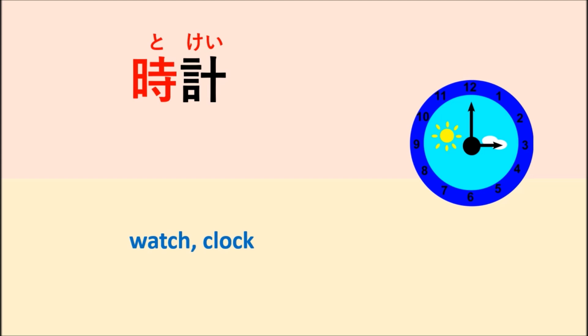So when you put the kanji of time and the kanji of calculation together, it means watch or clock. この時計はいくらですか？Which means how much is this clock, or how much is this watch? その時計は1万円です。That means that clock or that watch is 10,000 yen.